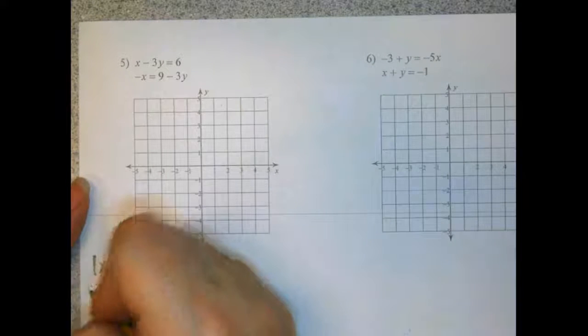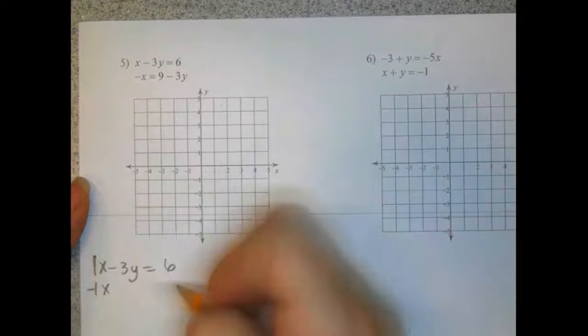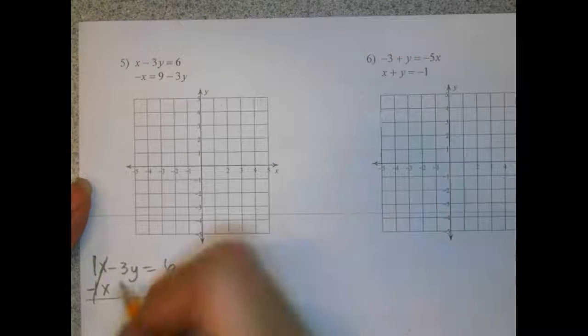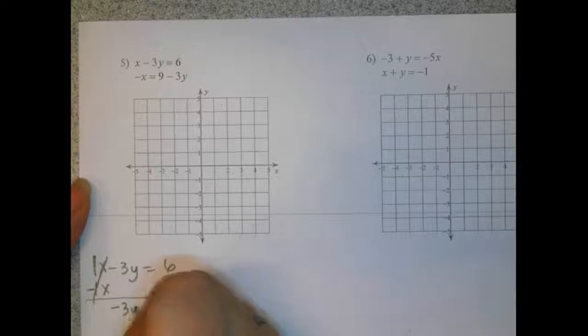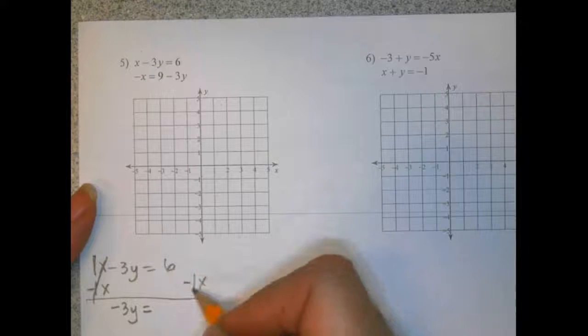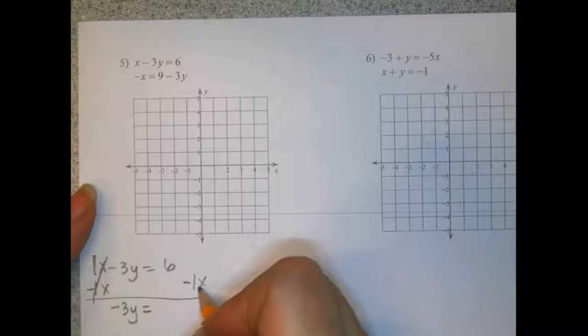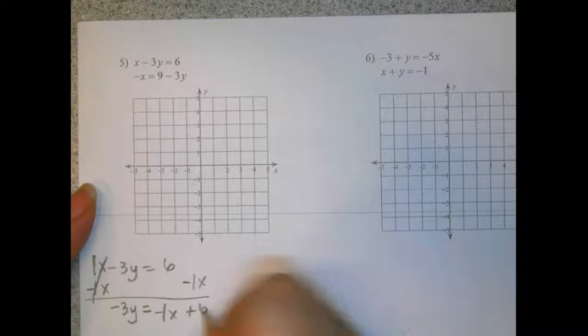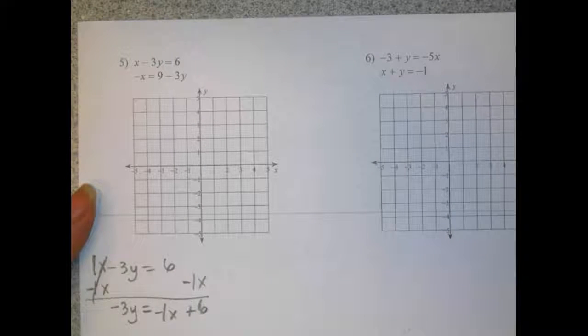Add the opposite. What is the opposite of 1x? Negative 1x. This becomes 0. I'm going to bring down my negative 3y. And do I want to write my plus 6 or my negative 1x first? Negative 1x, and then my plus 6.